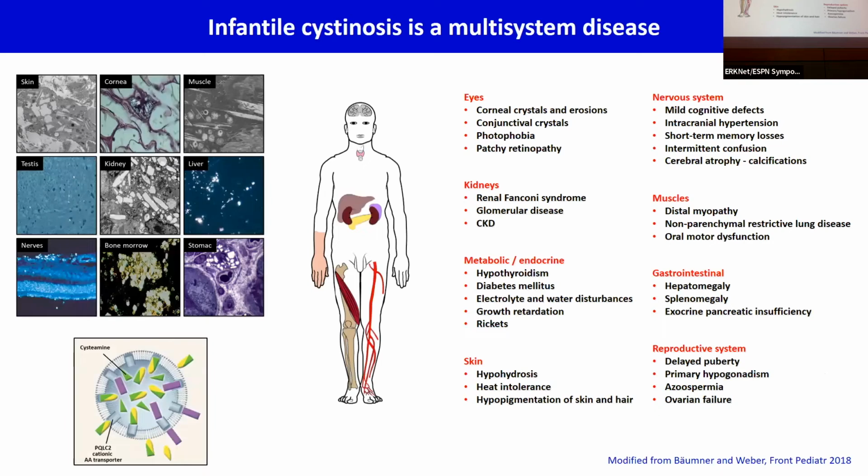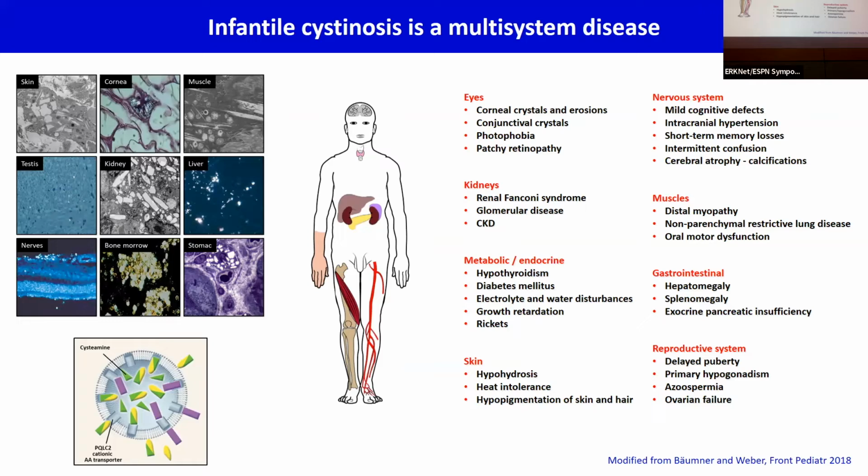So this is basically my only introductory slide on cystinosis, and I take it that most of you are familiar with the disease. Suffices to say that in this disease, lysosomal cystine efflux is impaired because the transporter that allows the efflux of cystine from the lysosome doesn't work.